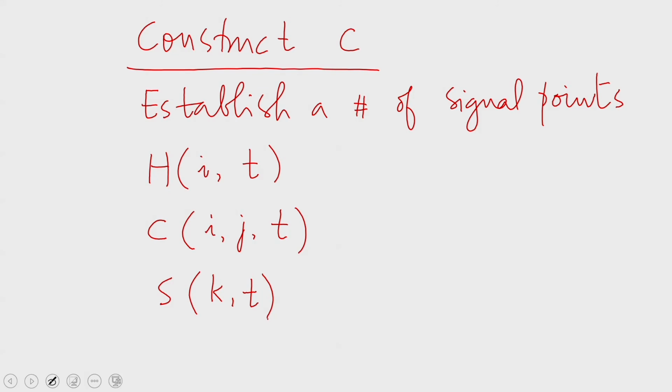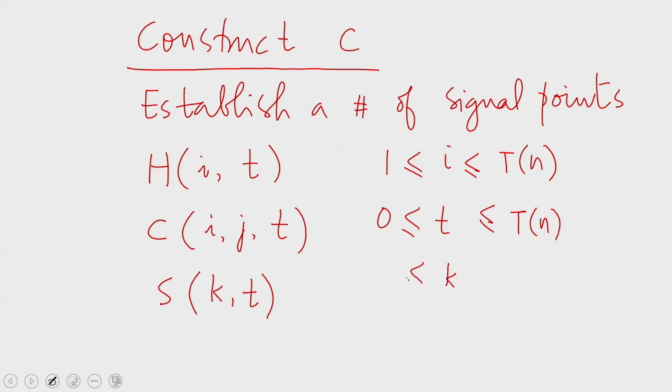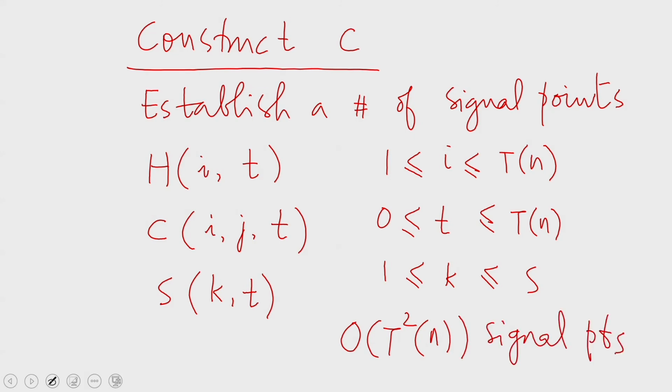Here i varies from 1 to T(n), t varies from 0 to T(n), and k varies from 1 to S. So, there are order of T squared of n such signal points, where T(n) is the time bound of the machine.